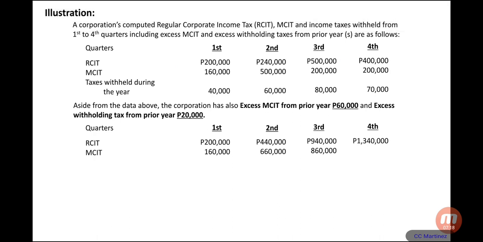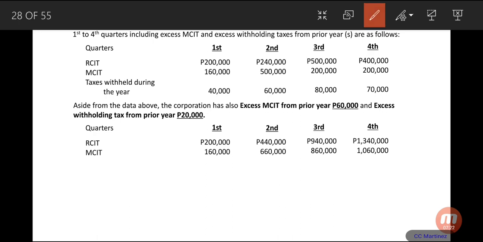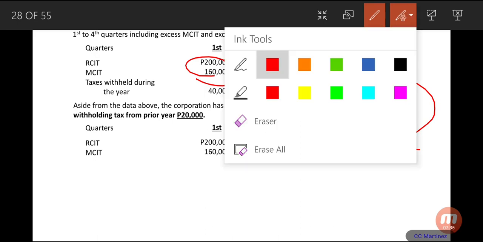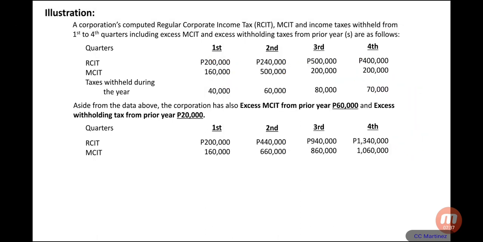So, for the cumulative amount of MCEIT, 1,060,000. Same process. 160,000 plus 500,000 plus 200,000 plus 200,000 equals 1,060,000. Okay. So, since tapos na tayo mag-compute na cumulative amount, magko-compute na tayo ngayon ng income tax payable.